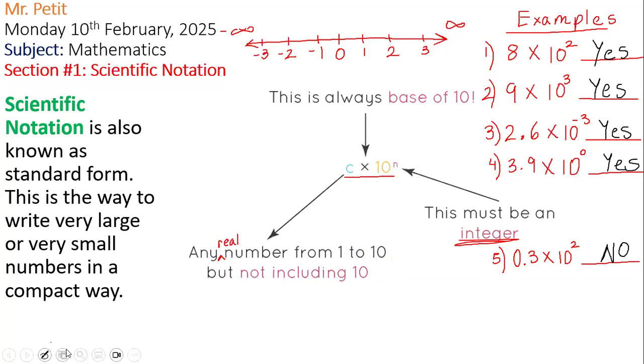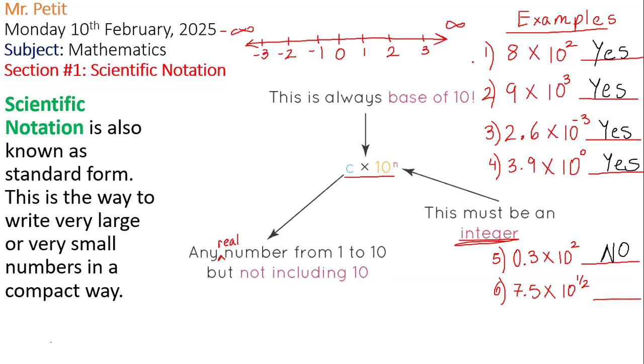Next, number 6. Let's say we have 7.5 times 10 to the power of 1/2.